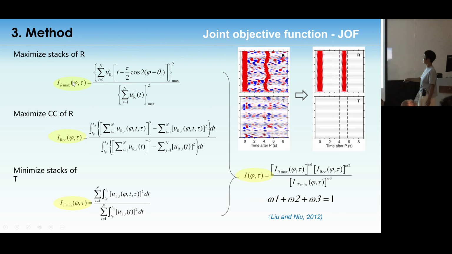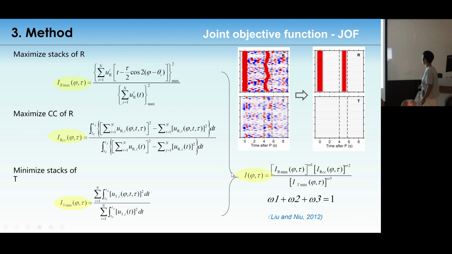This is the maximum stack on the R component. And the third is that the stack of the PMS on the T component goes to a minimum, goes to 0. The final JOF objective is the combination of these three independent objectives with a relative weight.